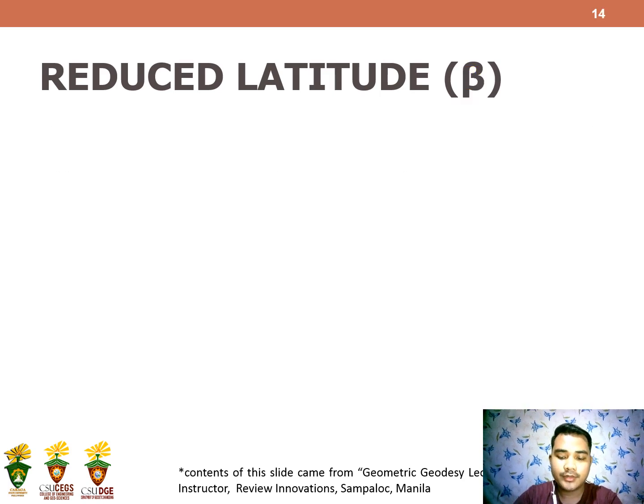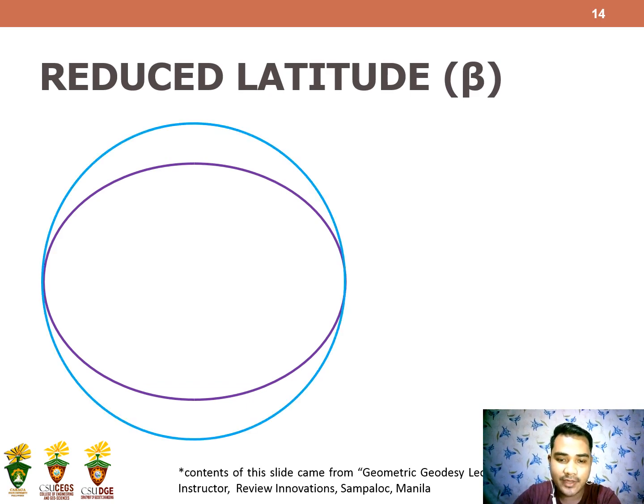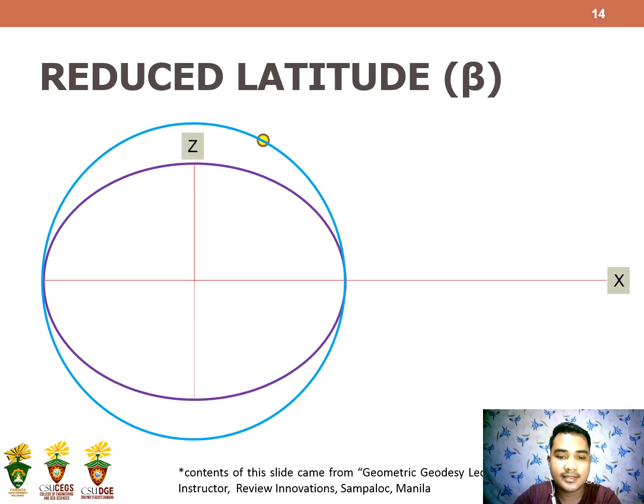To visualize the reduced latitude, first we are going to have the ellipse, since we are using an ellipse. Then for the reduced latitude, there is a sphere that is tangent to the ellipse, going to the center of the sphere. So we draw the sphere, then the z-axis and the x-axis.